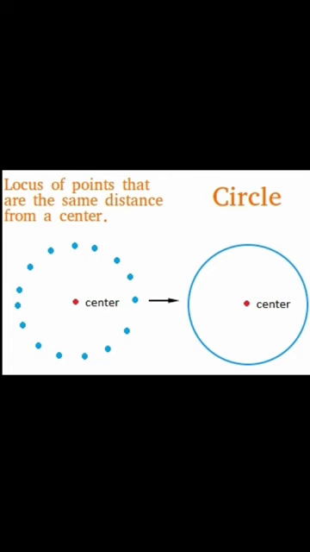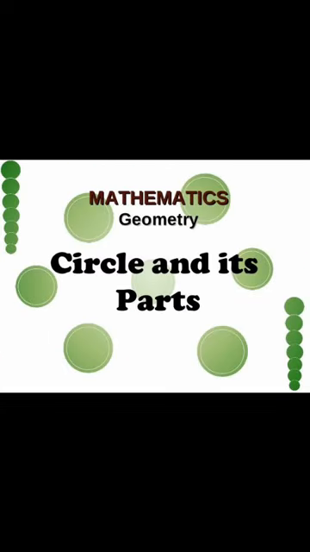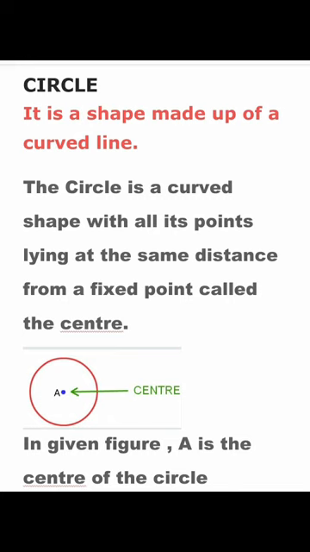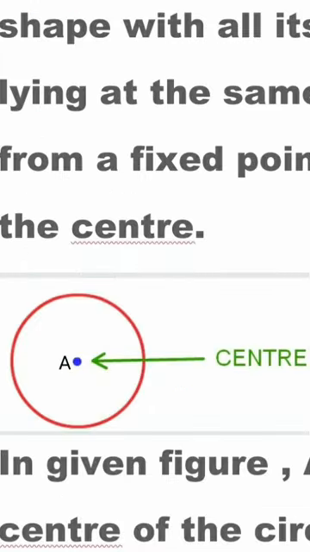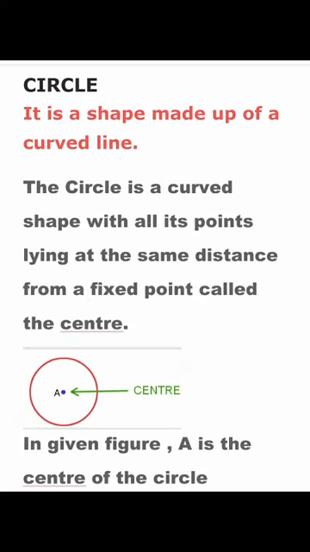Now let us read more about circle and its parts. So our first part is center. What is the center of a circle? This fixed point inside the circle is known as its center. In the given figure, A is called the center of the circle.